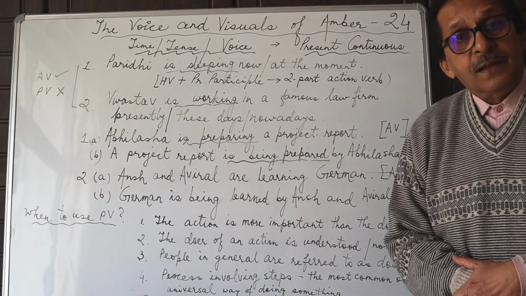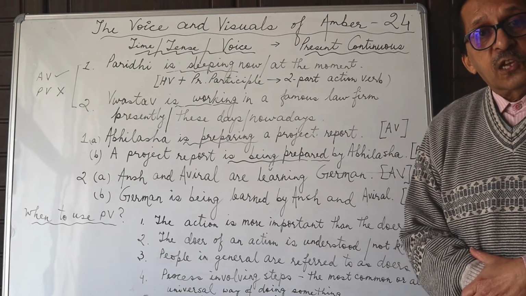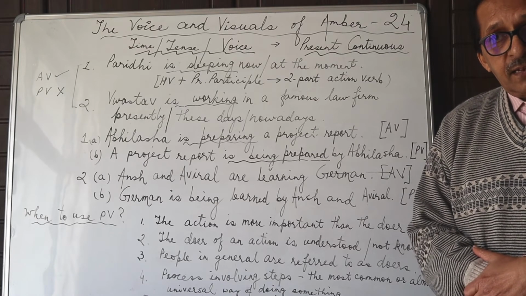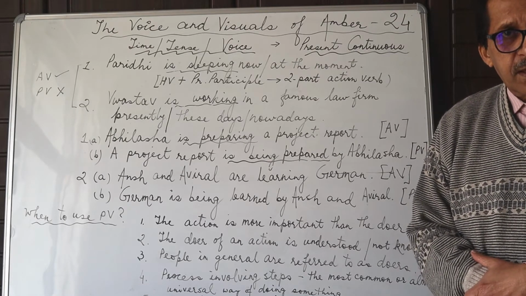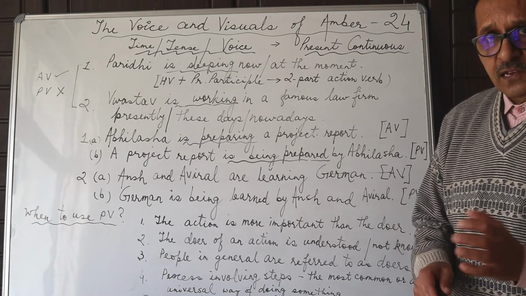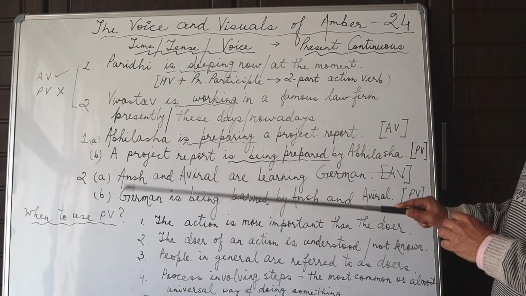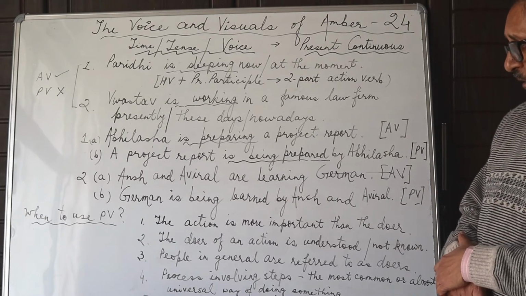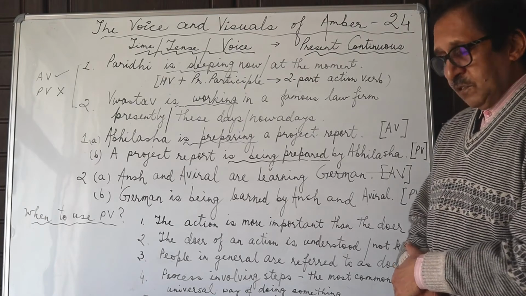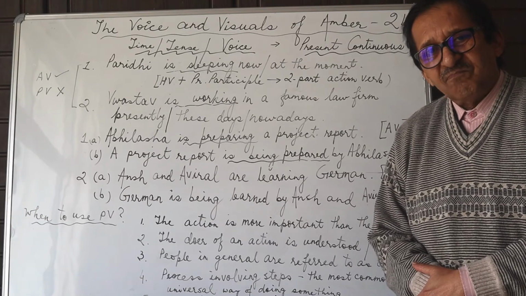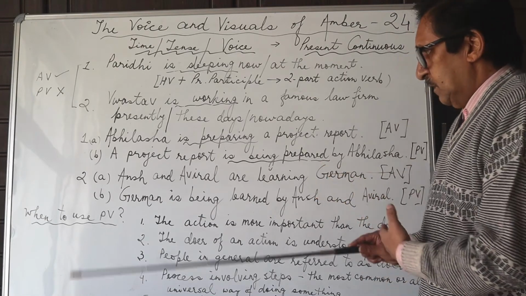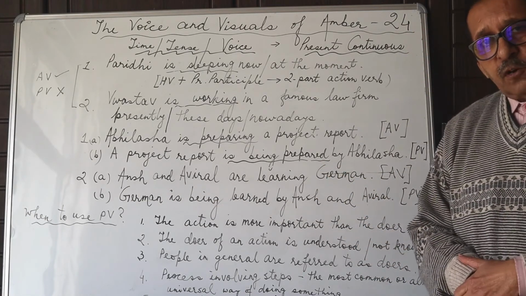But then remember, passive voice should not be used indiscriminately. An examination question may ask you to change something like this into passive. Ansh and Aviral are learning German. So, German is being learned by Ansh and Aviral. Now I think it is very obvious that the doer is more important over here.